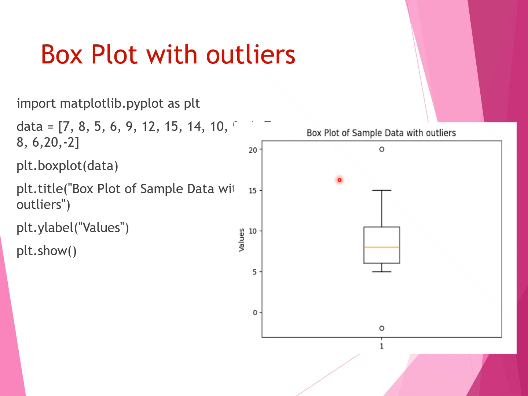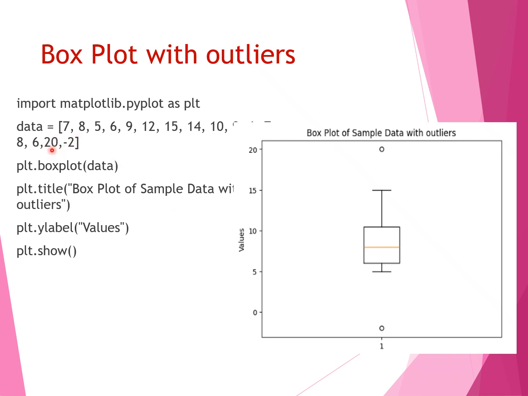If we have some very large or very small values in comparison to the other elements in the data, those are called outliers. For example, in our dataset, if I add the element 20, which is larger than the remaining elements, and another element -2, which is much smaller than the remaining elements, these will be taken as outliers, that is, very large or very small data in the dataset.